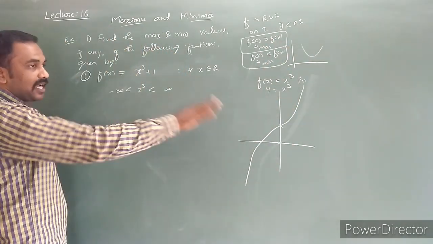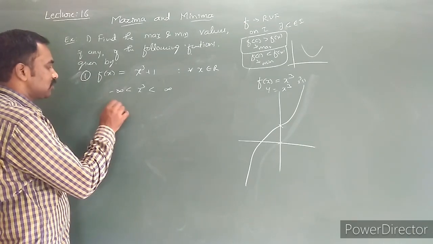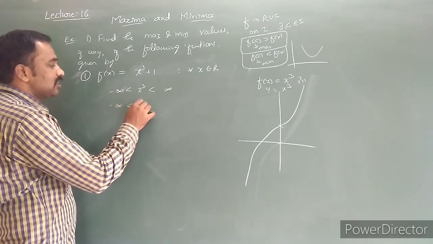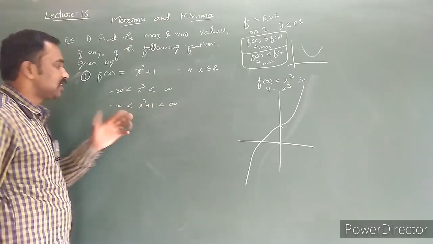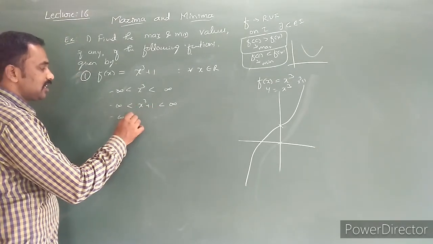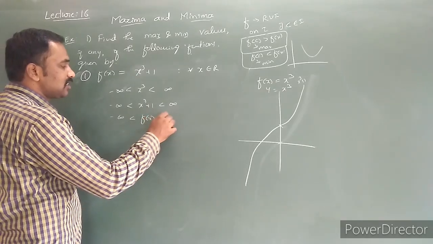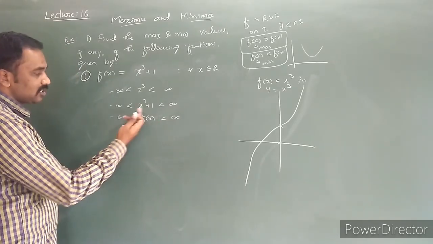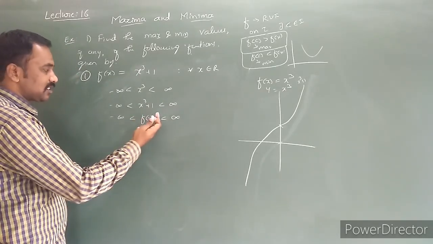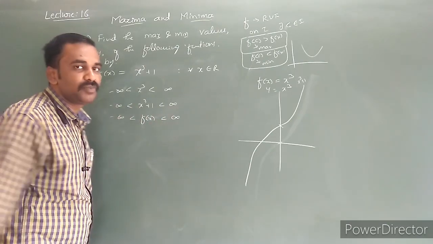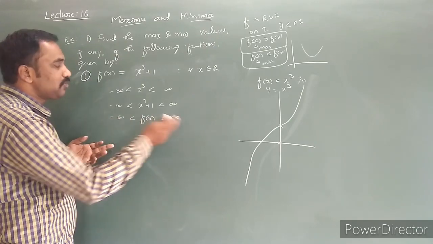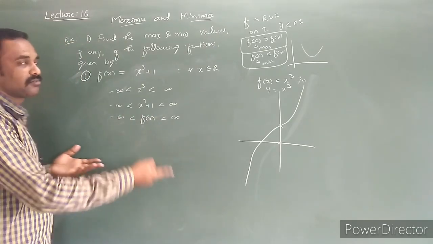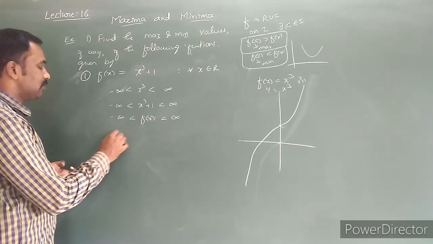Now, adding 1 to it: minus infinity plus 1, x cube plus 1, and infinity plus 1. This is the same. So minus infinity is less than f of x, which is less than infinity, which means f of x lies between minus infinity and plus infinity.